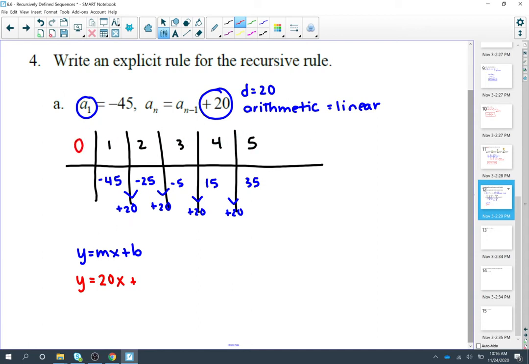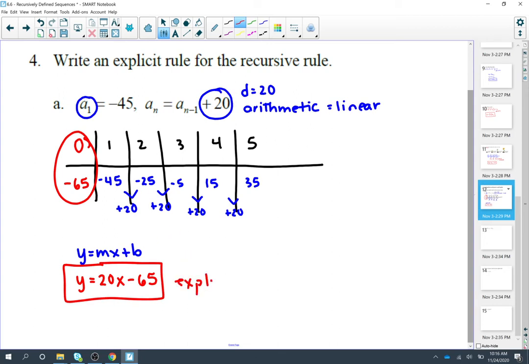So we have to add that on. Now, if we're adding 20 this way, that means we're subtracting 20 the other way, so negative 65. Y-intercept is negative 65, so I'm going to get rid of the plus. I'm going to put negative 65, and this is your explicit formula.